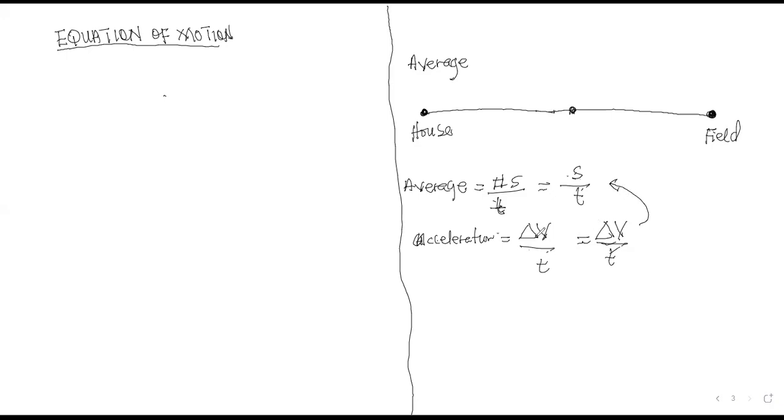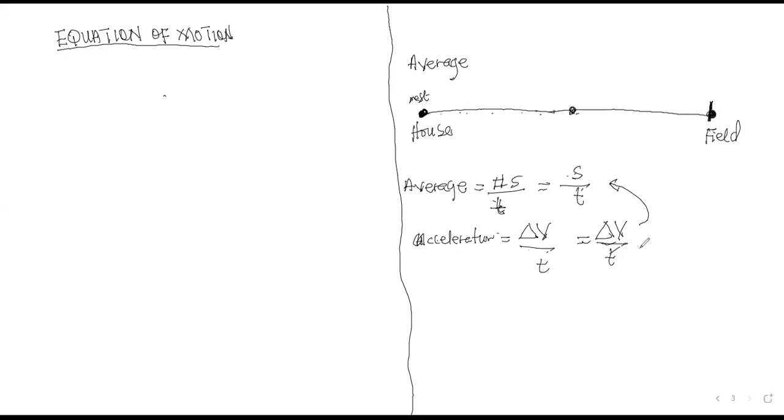So, okay. What is acceleration in this case? You took off from house when you were just at rest. You were not moving. Then you increased your speed from rest, till maybe a final speed of this.